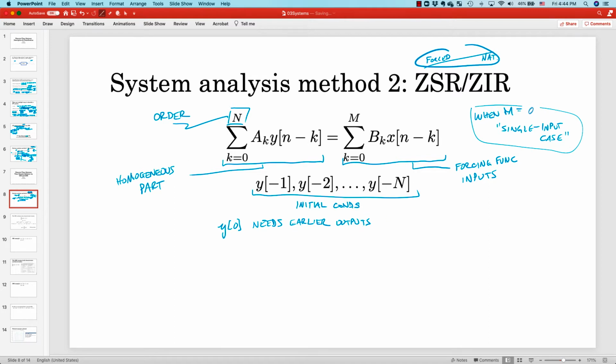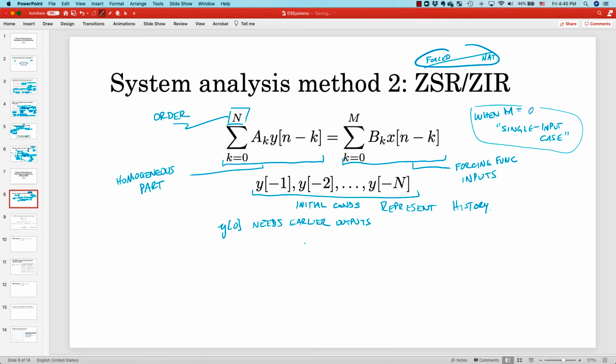Another way to think about them, and to justify why you would need the value of the output at times before 0, is because they represent the history of the system. Some systems have memory, and so the output at any given time can depend on past states of the system. We're going to represent those past states with the outputs at past times.